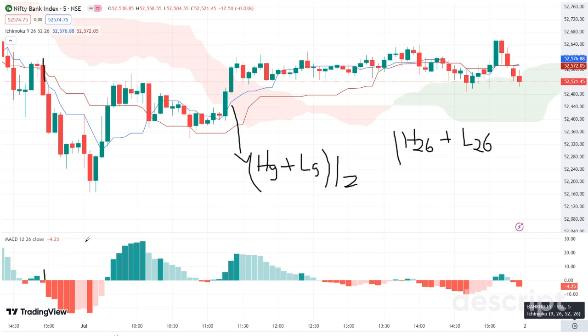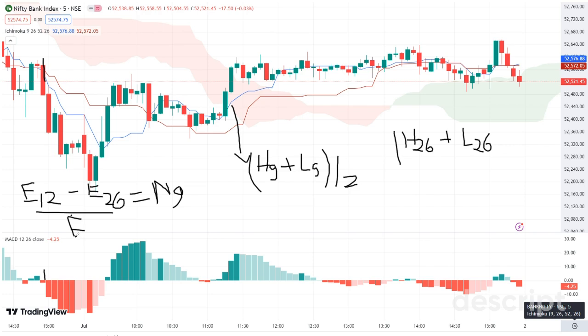MACD is nothing but moving average convergence and divergence. It works on EMA. It takes the fast moving average and subtracts the slow moving average, which is 26, and you get a number. You then take the 9-period average of this number, and that is your signal line.